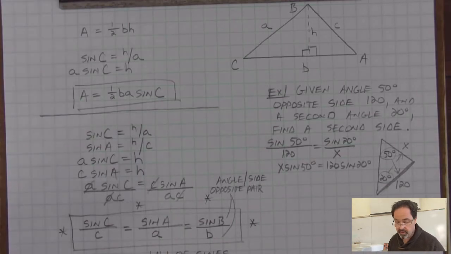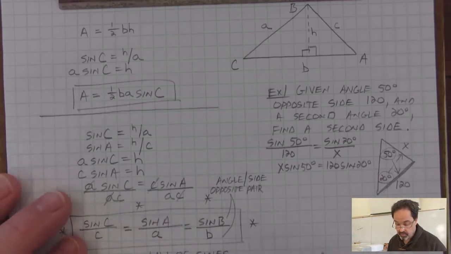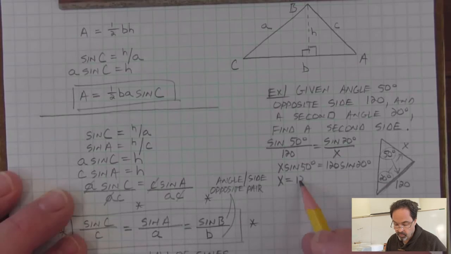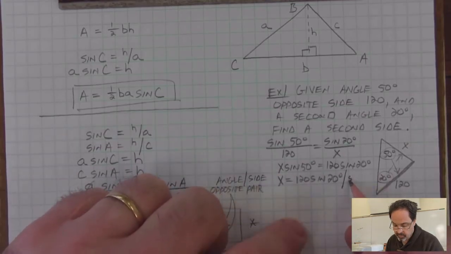Notice that I haven't evaluated sine of 50 degrees because if I'm going to evaluate trig, it usually needs to be approximated, and I'm in the habit of only approximating if I have to in the very last step so that I am as accurate as possible. x will then be equal to 120 times the sine of 20 degrees divided by the sine of 50 degrees.